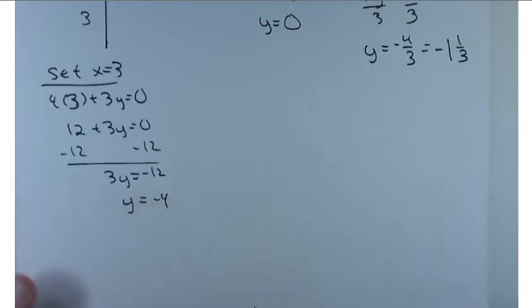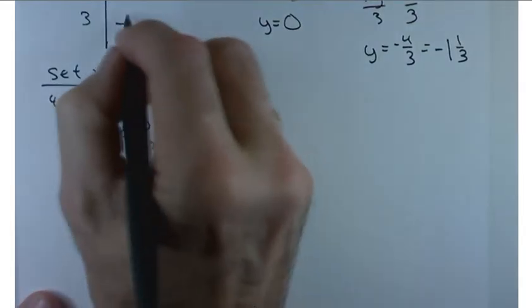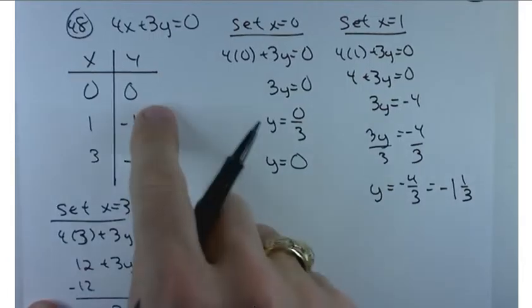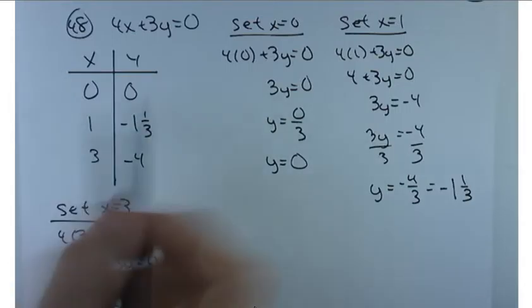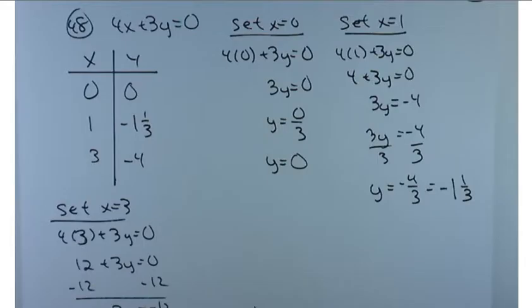By the way, can anyone tell me, geometrically, thinking about what the graph looks like, how come when I set x equal to 0 and then set y equal to 0, I ended up with the same point twice? Can anyone explain that geometrically? What's going on when you look at the graph? Going diagonal, how?